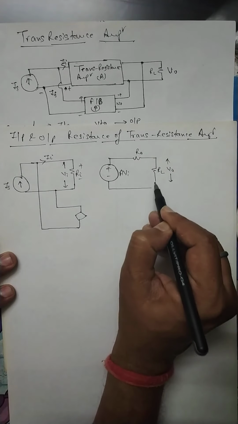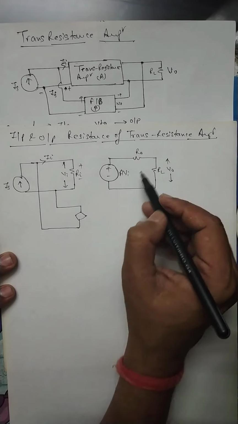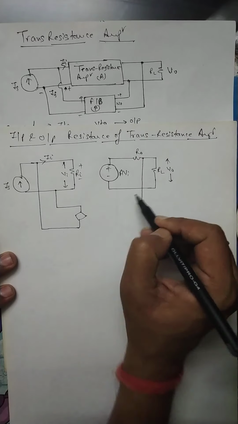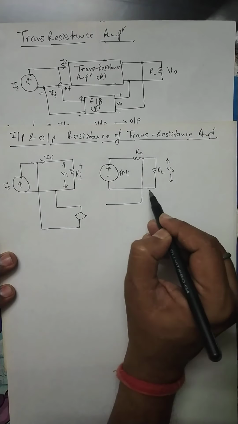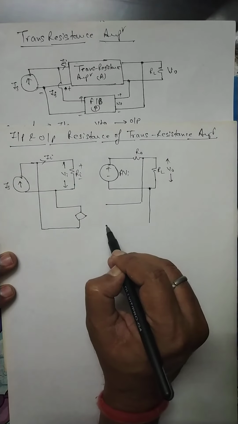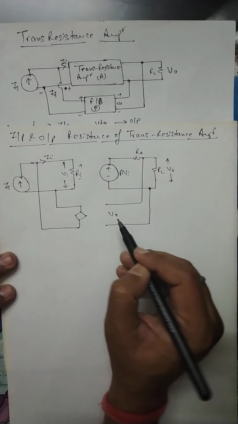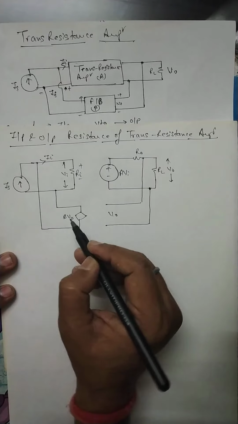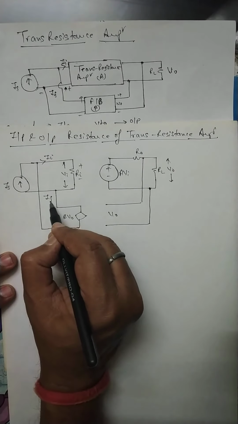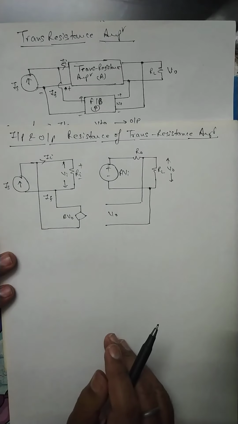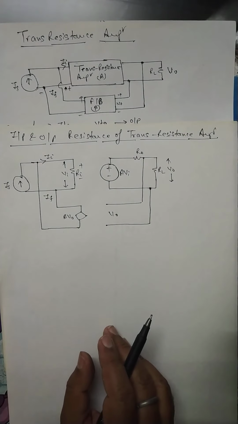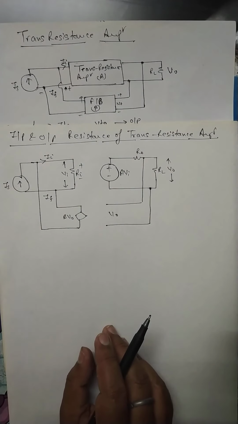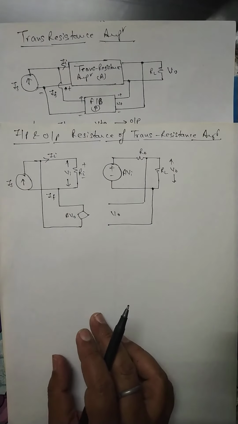From here it is shunted. It is a voltage source, so here we obtained beta into V0. Here it is IF. So now what we have to calculate? We have to calculate the input and output resistance.